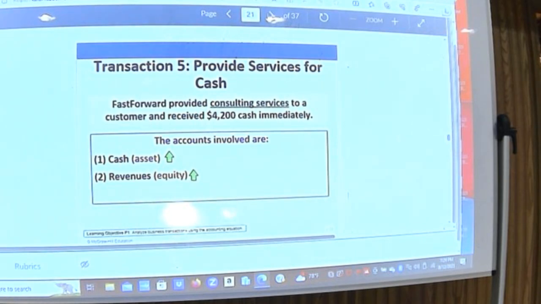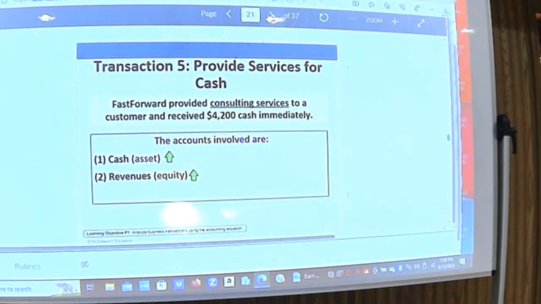21. Here we're dealing with a client. We're a consultant, and so we provide some consulting services. This is a good customer. He gives us $4,200 right off the bat. What happens to our accounting equation? Well, we got the cash. On the left, our assets went up. On the right, our equity went up.